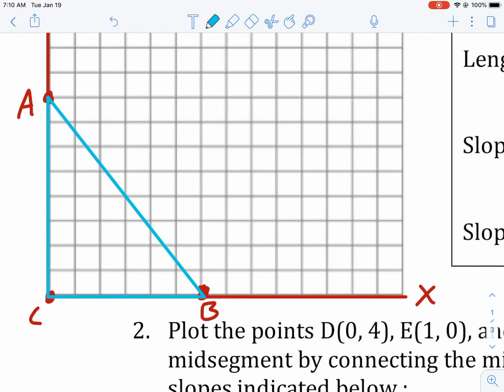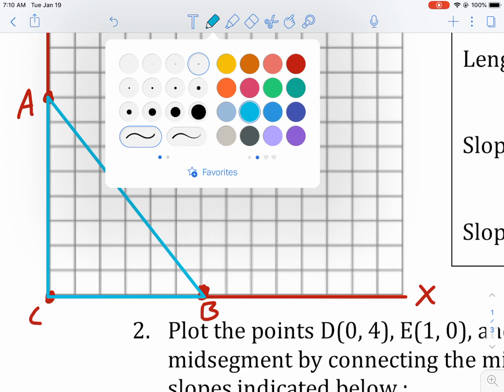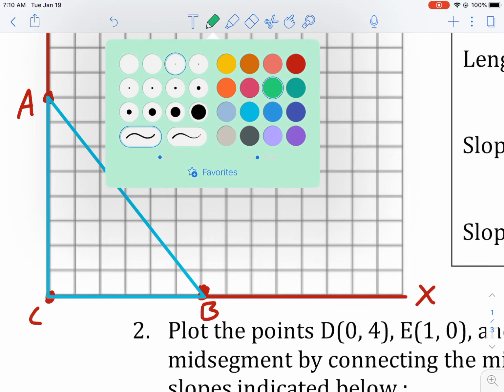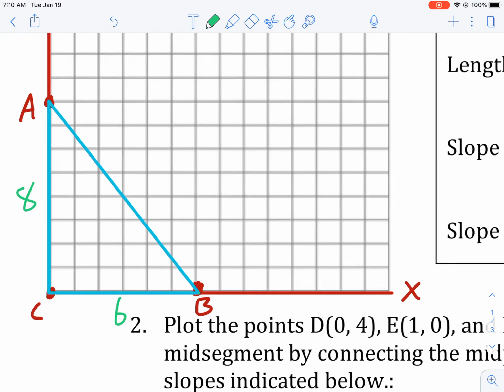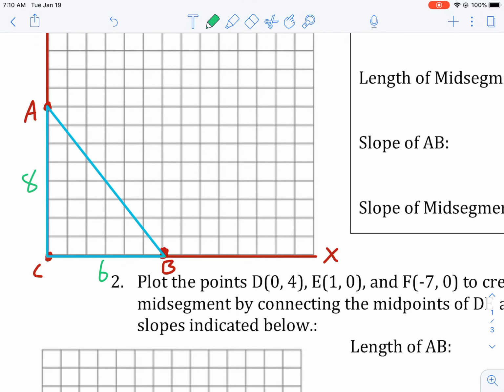So remember how we do this, all right? We already have the rise and the run, right? This actually is a right triangle, so we don't even need to do it. We can just count over 1, 2, 3, 4, 5, 6. So this is 6, and then up is 8.